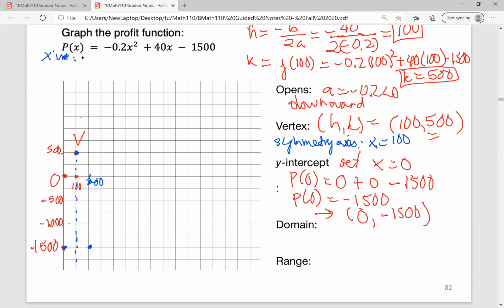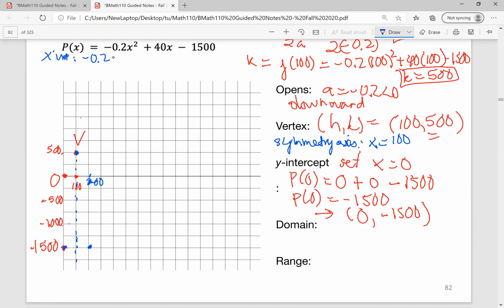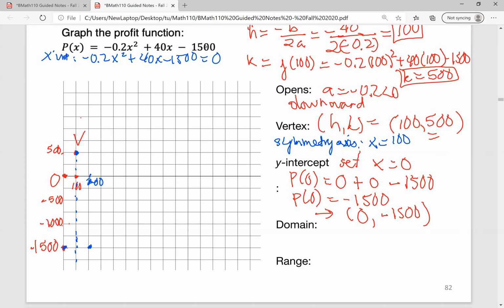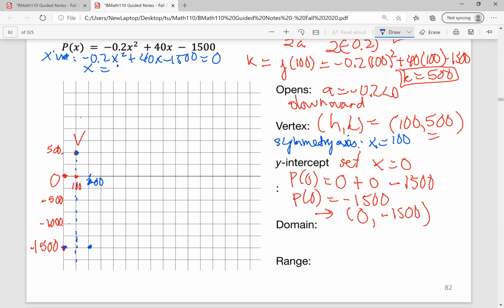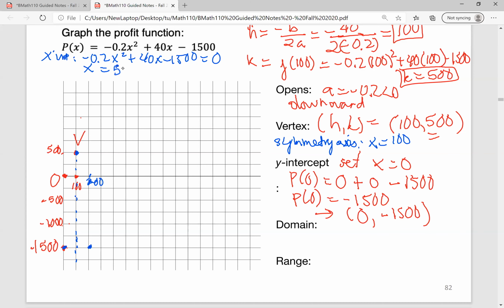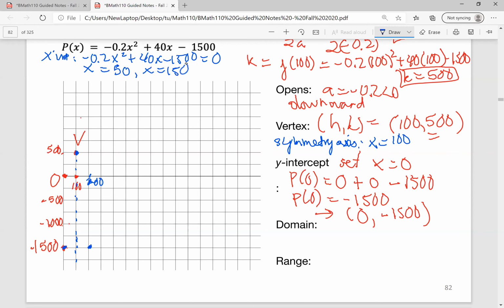So negative 0.2 x squared plus 40x minus 150 equals 0. And if you solve for this, you will have x equal to 50, x equal to 150. Okay.